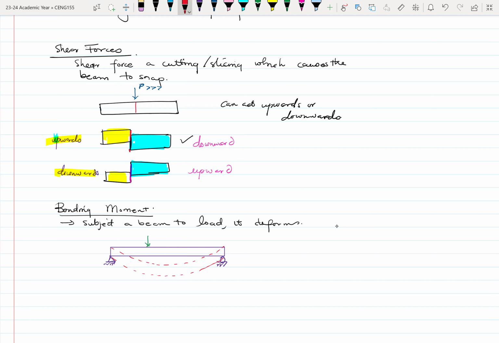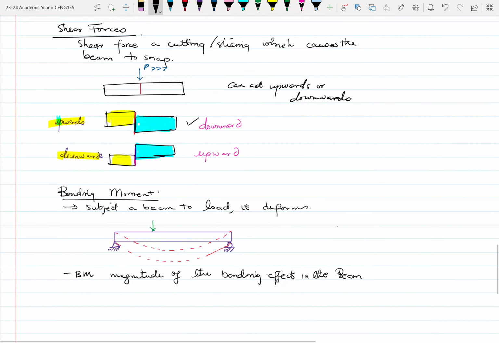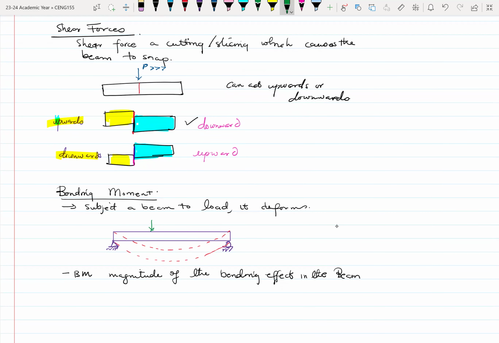So bending moment can be defined as the magnitude of the bending effect in the beam. For example, we can determine the bending moment at this point, let's say point one.